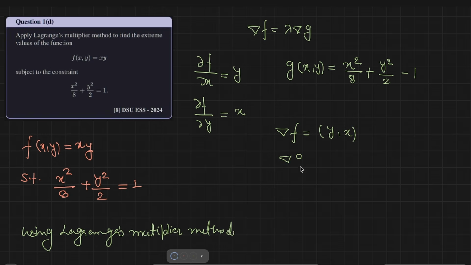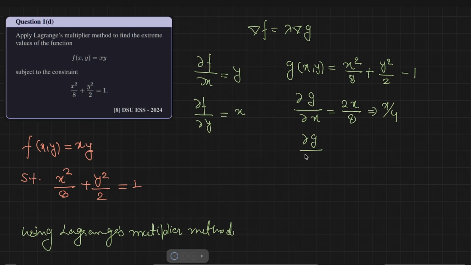What is ∇g? The partial derivative with respect to x and the partial derivative with respect to y. If I take the partial derivative with respect to x, that will be 2x/8, that will be x/4. With respect to y, it will be 2y/2, that is going to be y only. Or if you are getting confused, you can simply write: the partial derivative of g with respect to x is 2x/8, which is x/4.